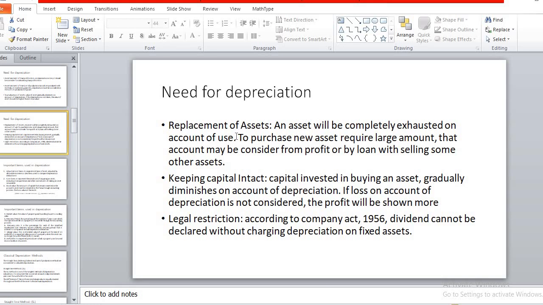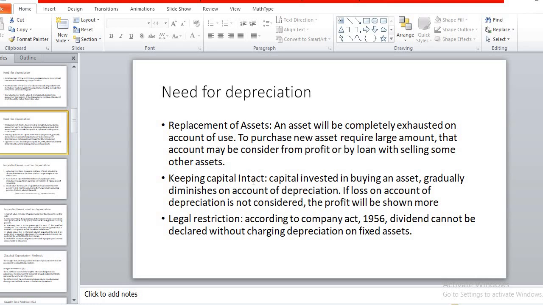The machine we use will be completely exhausted after a certain period of time. To purchase a new asset or machine, we require a large amount, and that amount may be met from profit, or by loan, or by selling some other assets. So that consideration will be made in the depreciation.